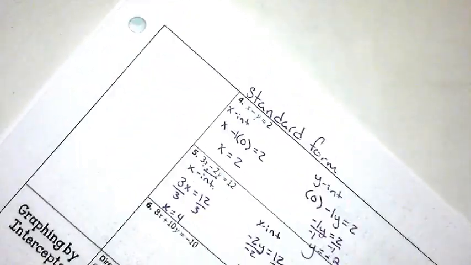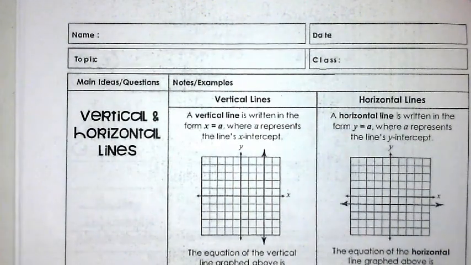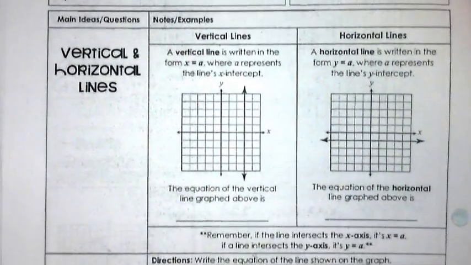Now we're going to talk about horizontal and vertical lines, because I can have a horizontal and vertical line slope. Okay? I can have horizontal and vertical lines on a graph. You need to be able to find the x and y intercepts on these also. Now, a vertical line is written in the form of x equals a, where a represents the line's x-intercept.